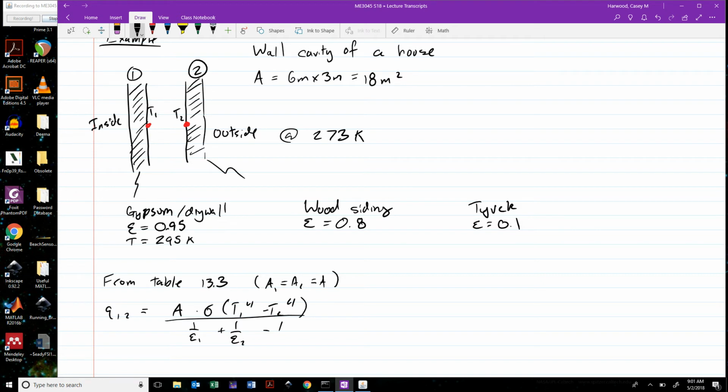Then we have emissivity 1 and emissivity 2, and we can just plug those in. It's just a matter of crunching some numbers with the calculator.